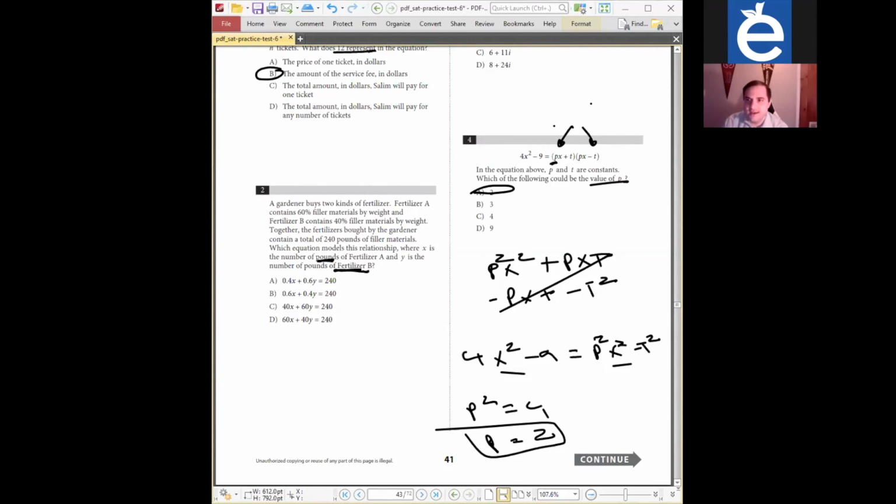What is going on here is we have to figure out which one of these accurately reflects it, right? So let's say we're starting on the basis of, I have absolutely no idea what's happening. Well, it's asking us which equation represents the pounds of fertilizer A as x and the pounds of fertilizer B as y.